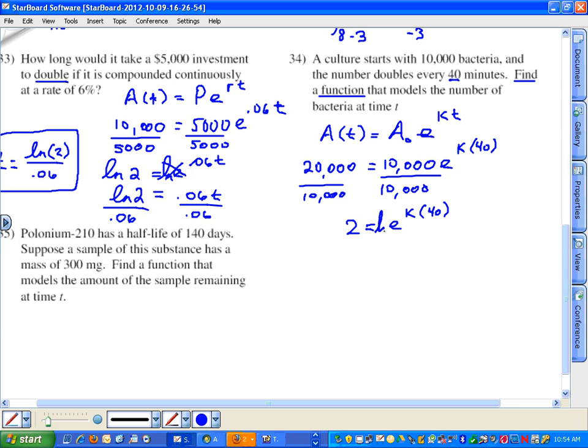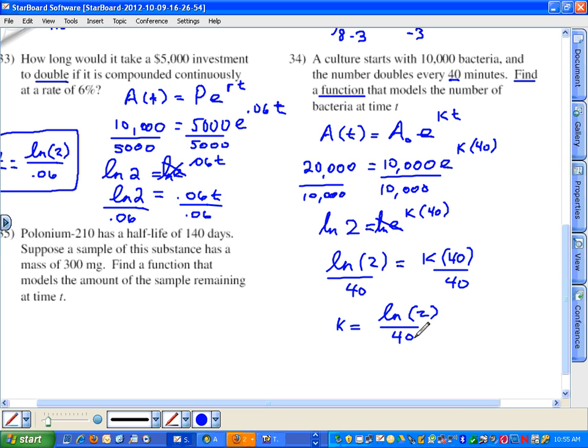Now we take natural log on both sides to cancel the exponential base. So we have the natural log of 2 equals k times 40. Divide by 40. And now we know the value of k is the natural log of 2 over 40.